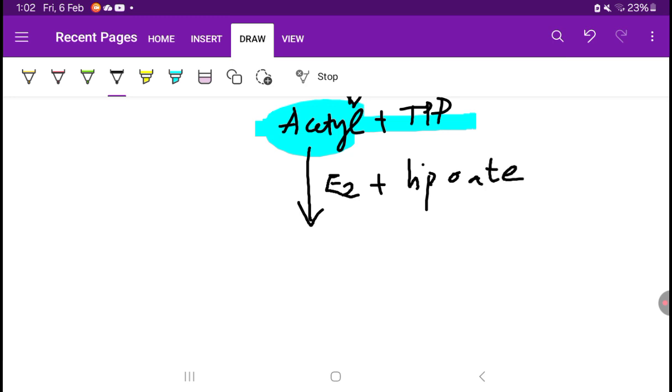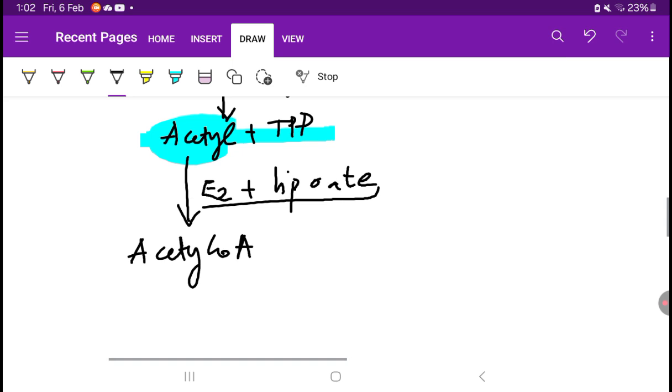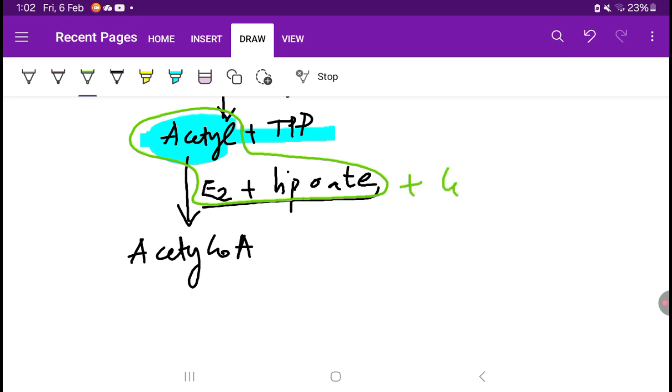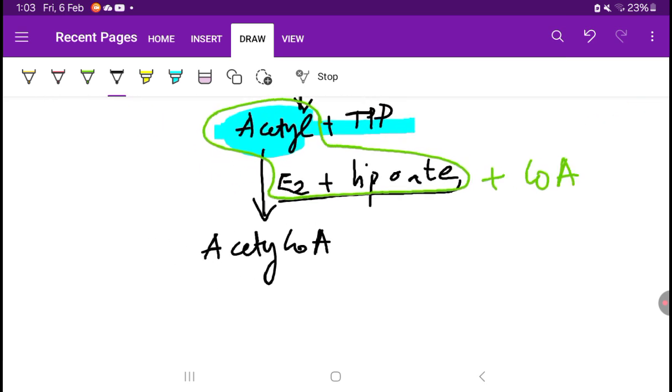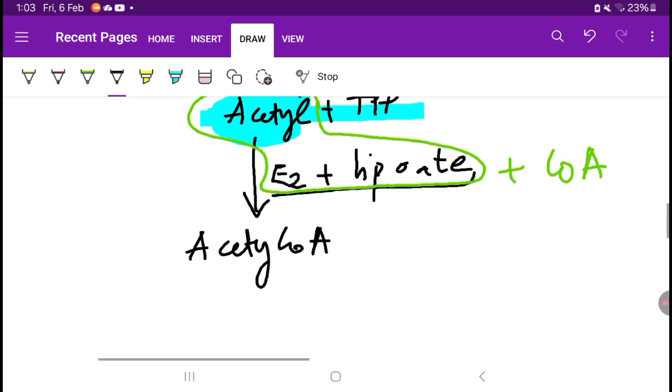What it will form is acetyl coenzyme A. In this step, in the presence of lipoate, a complex will be formed by acetyl, E2 and lipoate, and this in the presence of coenzyme A will form acetyl coenzyme A. So these are the two steps here.